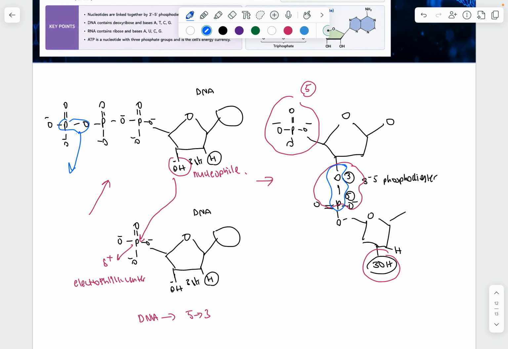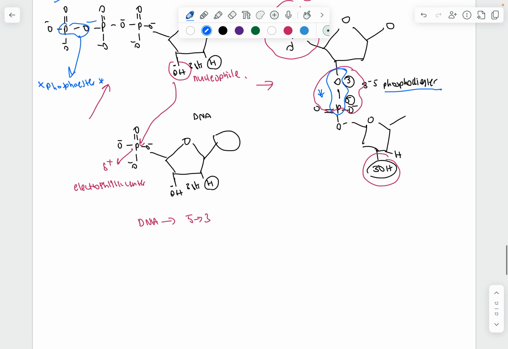However, this is not called a phosphodiester bond. Notice this is a phosphodiester bond, which we labeled here. This bond between the phosphates, so sometimes you'll look at molecules like ATP, is known as a phosphoester bond, not a phosphodiester bond.